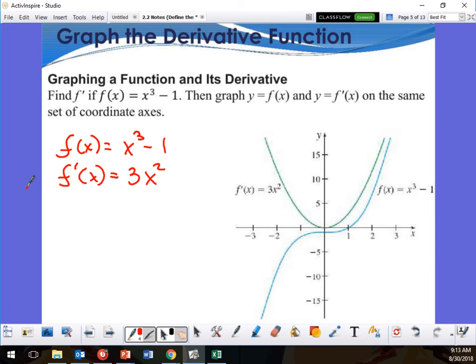Right here, what is the slope of the graph? Positive. So now, if I'm looking at the derivative, these up here, the derivative at this is positive, isn't it? The derivative, these are positive numbers, positive numbers, positive numbers, right?